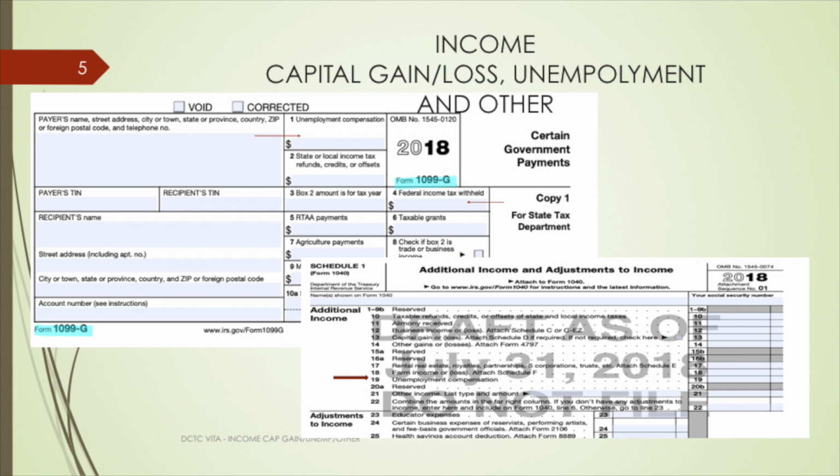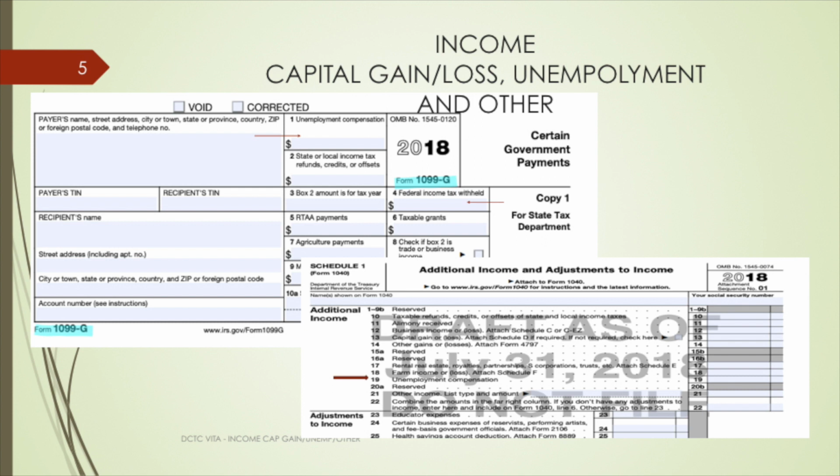Now, moving on to the unemployment compensation. This is an easy segment. Unemployment compensation generally includes any amounts received under an unemployment compensation law of the United States or of a state in the United States. In most cases, unemployment is fully taxable.